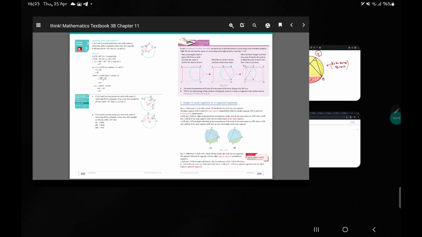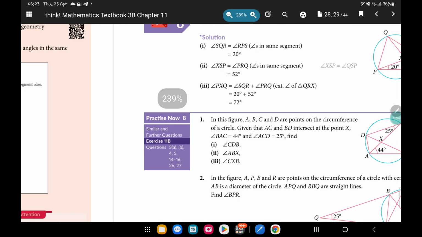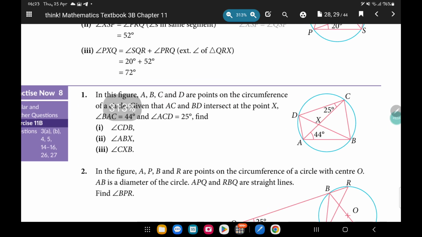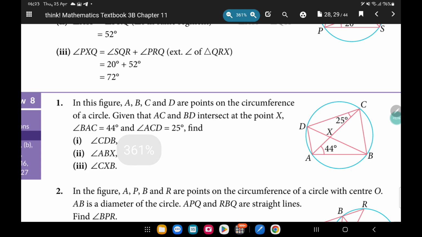So let me go to your textbook and we will take a look at a practice together. Let's take a look at this example here. In this figure, I have the following angles given, 25 degrees and 44 degrees. You're supposed to find the first one, angle CDB.